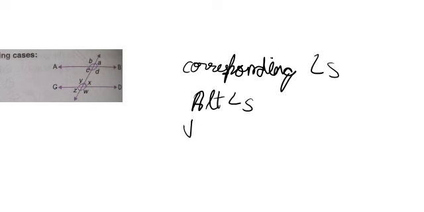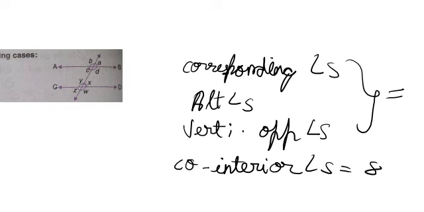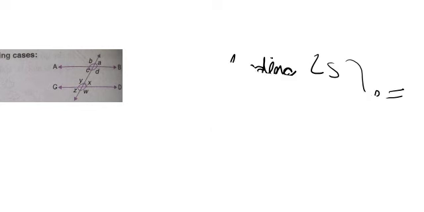Vertically opposite angles as well. So all of these three types of angles should be equal to each other. But there is one more thing, that all the co-interior angles should be equal to 180 when two lines are parallel to each other. So corresponding angles, alternate angles, and vertically opposite angles should be equal, and the co-interior angles should be 180 degrees. Now after revising the properties, let's start to solve our questions.